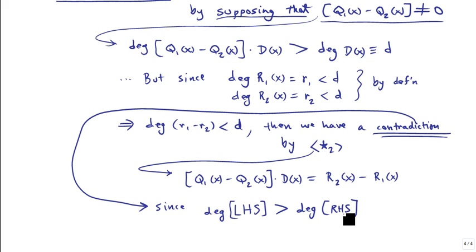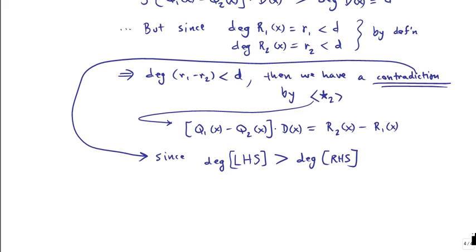We're saying that this is an equality by star 2, and so the degree of the left-hand side should be equal to the degree of the right-hand side. Therefore, we have the contradiction that we needed. Therefore, our supposition was incorrect.